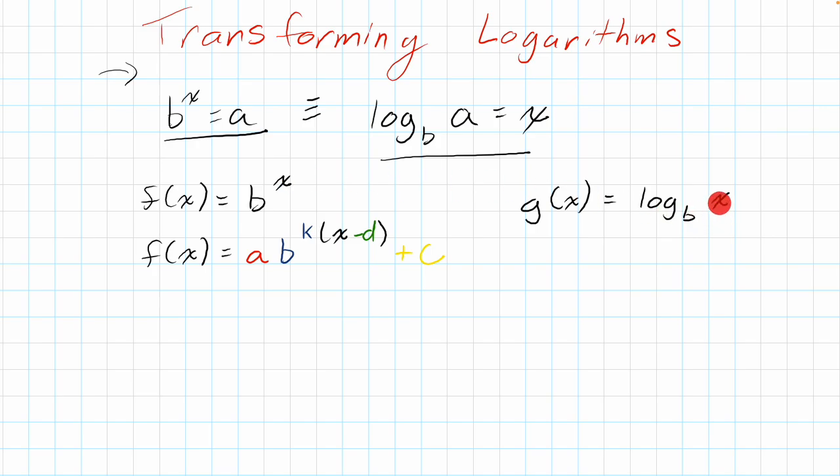This is not identical to the exponential, because if you remember, b to the x is equal to a value, but b to some variable is equal to x. It's actually equal to the exponential part of the equation. So these two equations aren't the same; they're slightly different from each other.